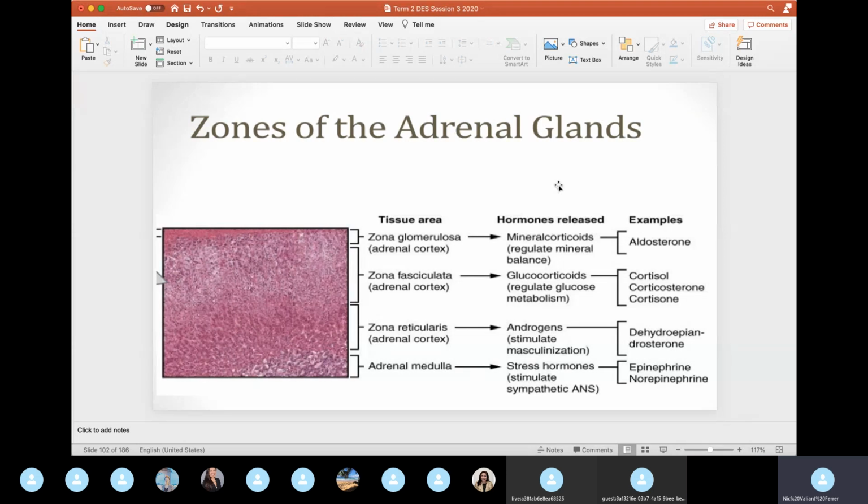The afferent or the efferent arteriole? I think efferent. Excellent, efferent arteriole. What does it do in the efferent arteriole? Does it dilate or does it constrict? Constrict. Excellent. It constricts your efferent arteriole.